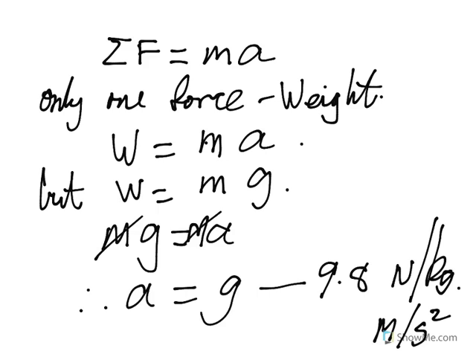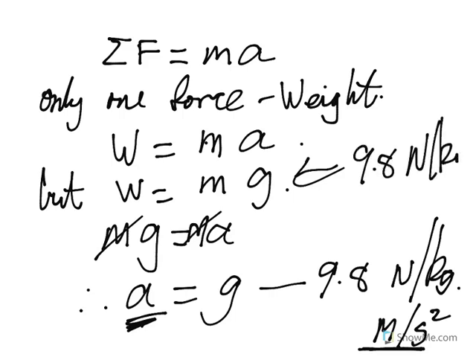Because we're talking about acceleration, we need to use metres per second squared. In the weight context, because we're talking about the gravitational field, we would use 9.8 Newton per kilogram. So it's the context that determines the units we use.